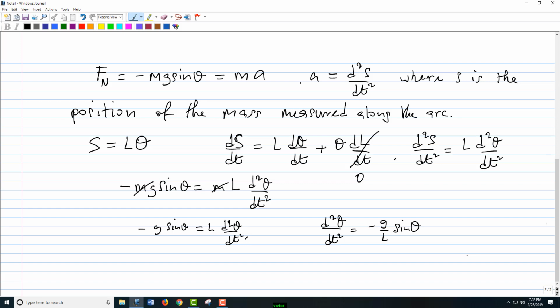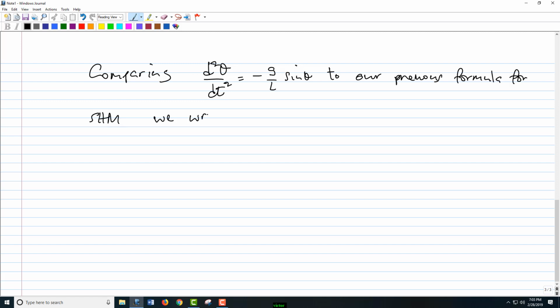a previous formula that we had for the motion of a simple harmonic oscillator. Comparing d squared theta dt squared equals minus g over L sine theta to our previous formula for simple harmonic motion, we write that formula below.